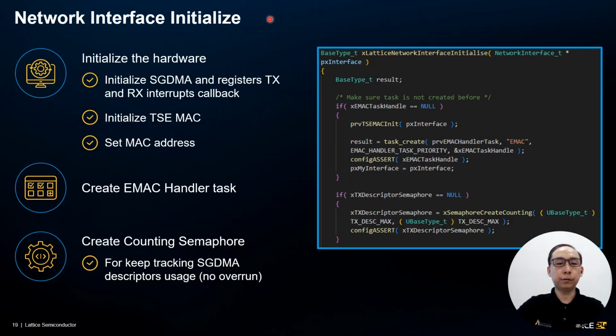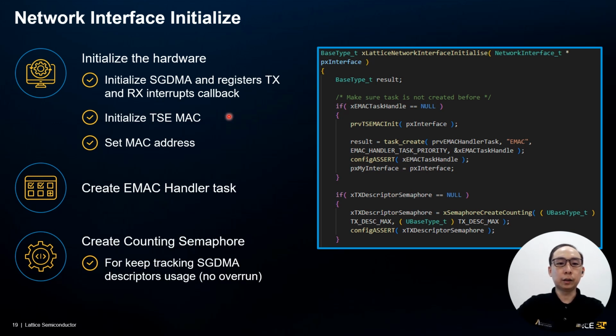The network interface initialize is another API implemented in the network interface layer. It is responsible for initializing the hardware in the GSRD. This includes the SGDMA and registering the DMA interrupt callbacks for both the transmit and receive cases.